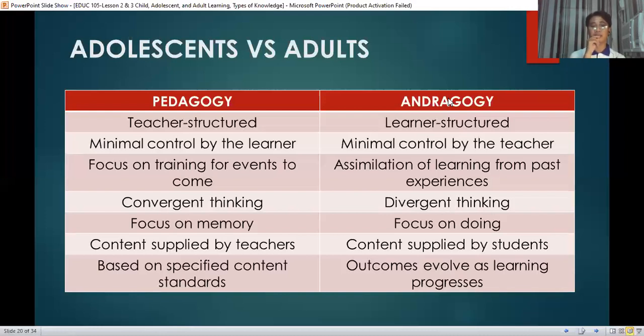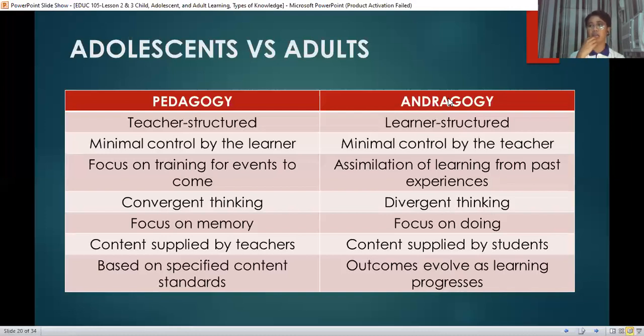Okay, last, comparison. Based on specified content standards, and like for the andragogy, outcomes evolve as learning progresses. So this one, for pedagogy, you would see in the lesson plan the expected outcomes, the expectations of the teachers. Okay?